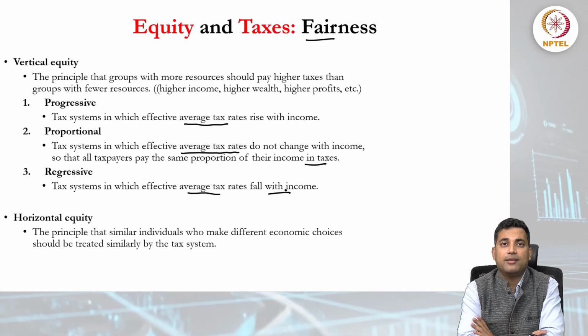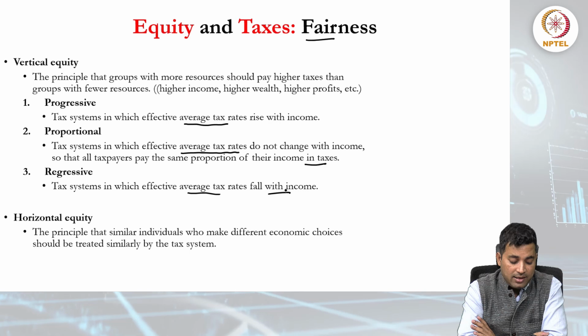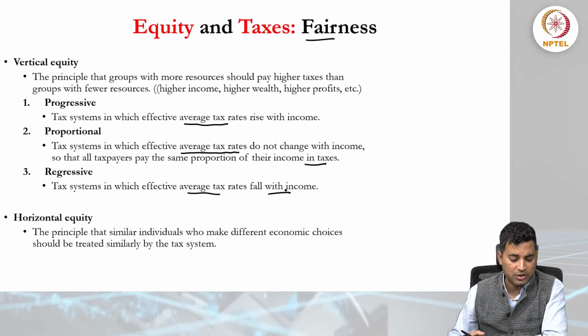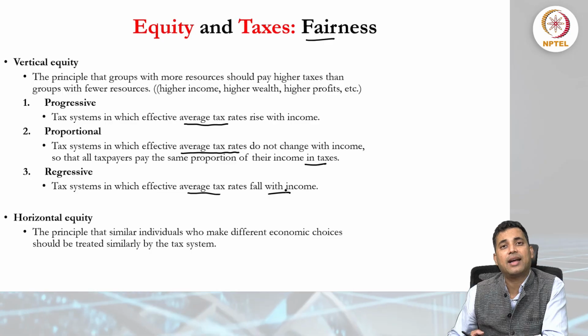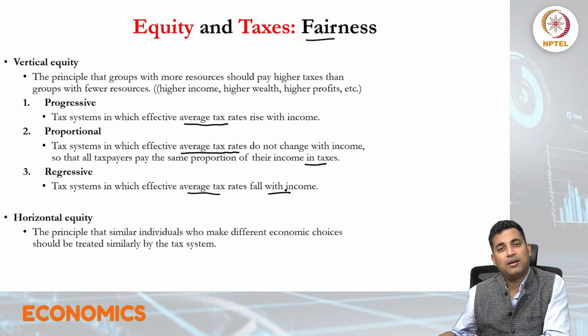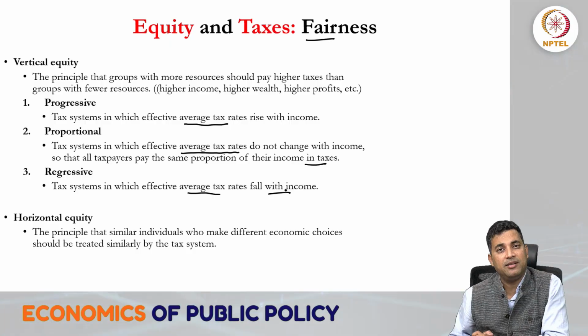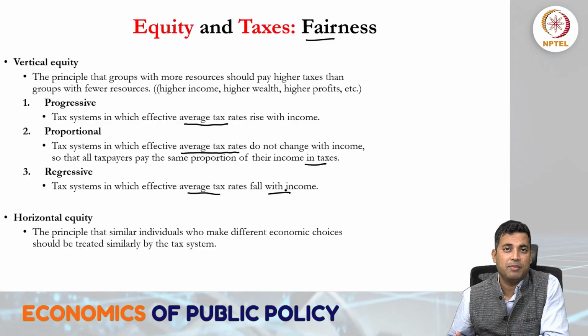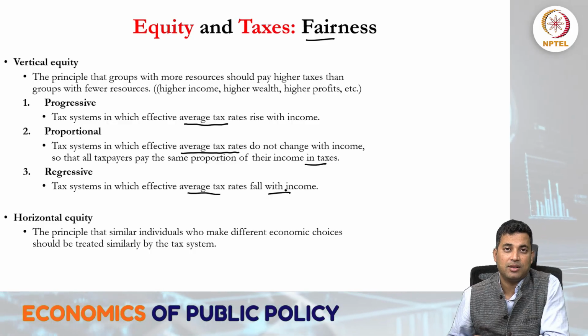Now horizontal equity means the principle that similar individuals who make different economic choices should be treated similarly by the tax system. One can take the example that any community should not be discriminated against based on color, caste, or class.